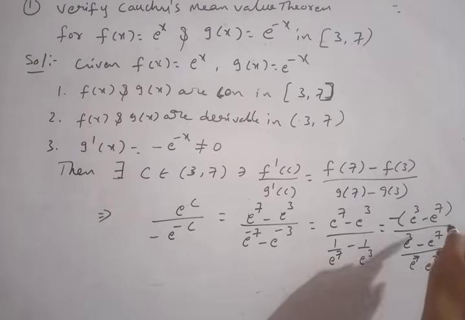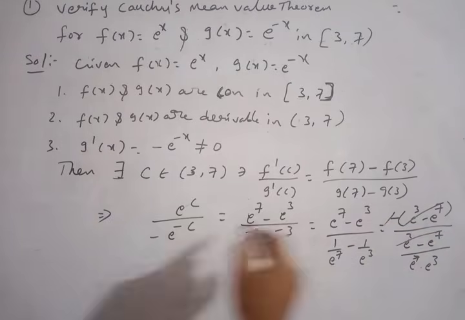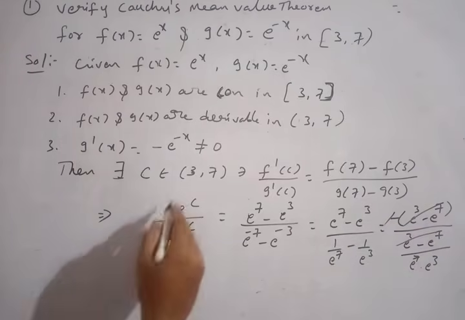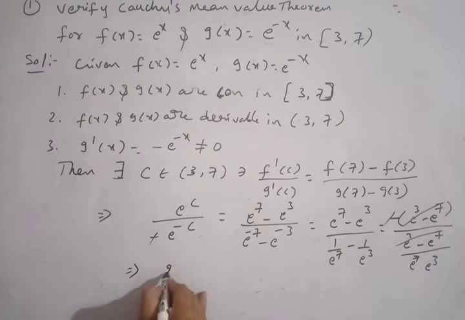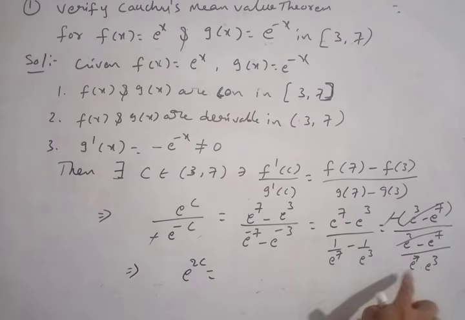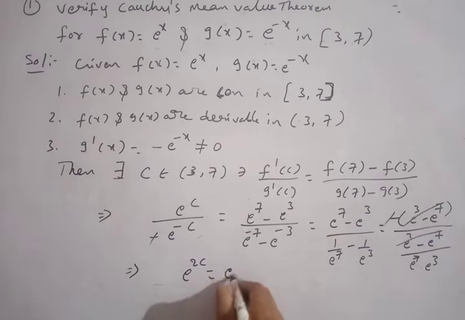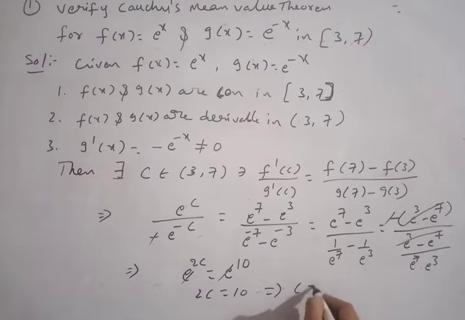So this part got cancelled, this minus got cancelled. This will go to numerator, e power c into e power c is e power 2c. Here bases are same, powers can be added, e power 10. e got cancelled. 2c is equal to 10, c is equal to 5, which belongs to 3 comma 7.